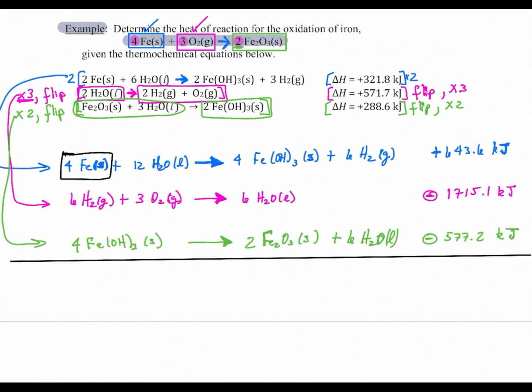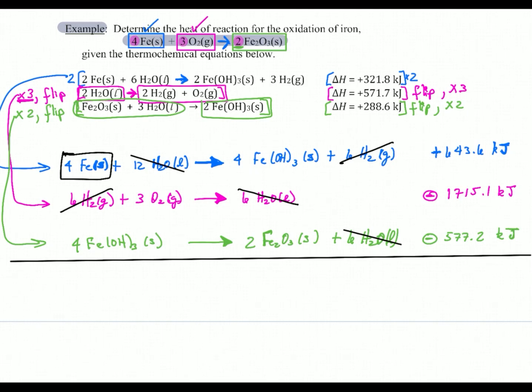Next, 12 moles of liquid water are on the left. If I look on the product side, I see 6 moles of liquid water here and 6 moles of liquid water here, totaling 12, which will cancel these. I see 6 moles of hydrogen gas on the left, and indeed I see that on the right, so that also cancels out.